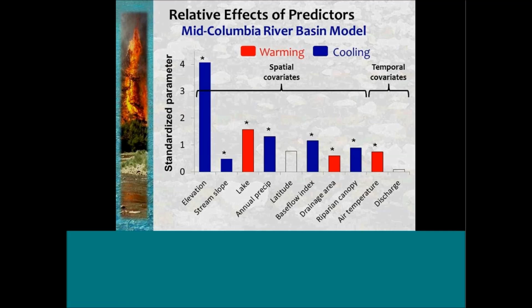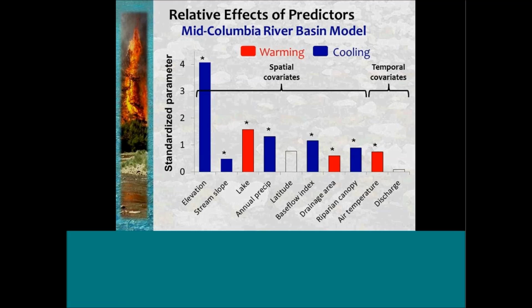Okay, so once we fit the model, we get a set of parameter estimates. I mentioned before there were those 11 different predictor variables that we use. This graph is just representing, in a standardized apples-to-apples way, the relative importance of those predictor variables within that Mid-Columbia river basin.